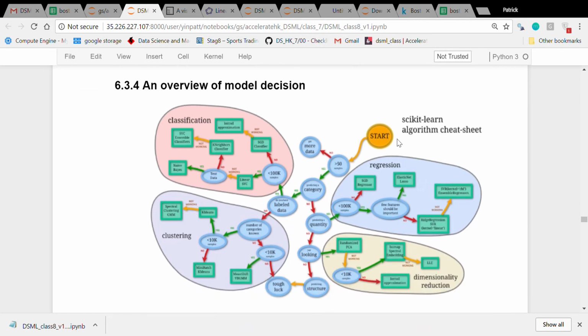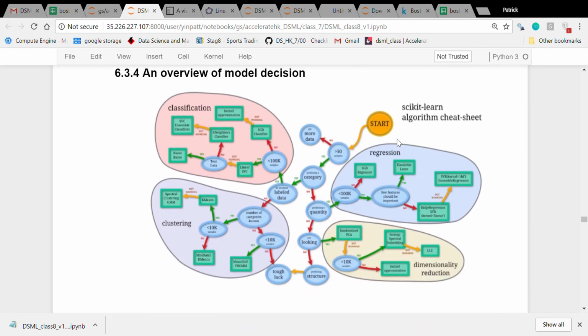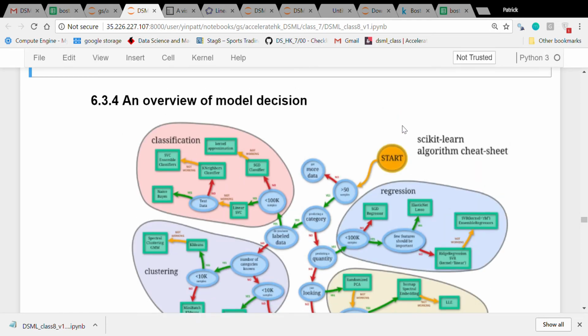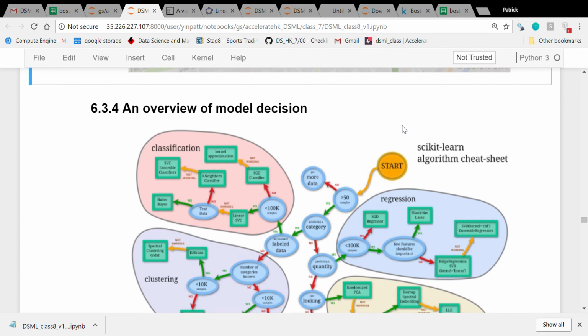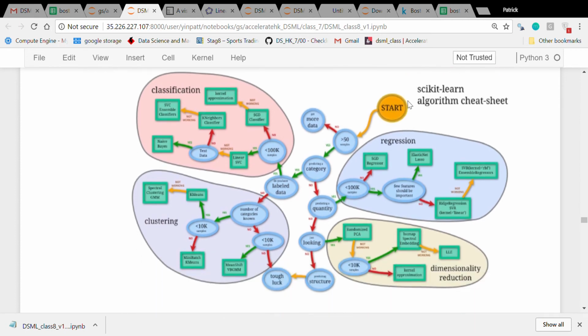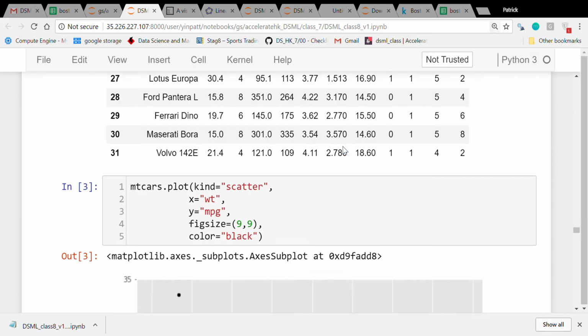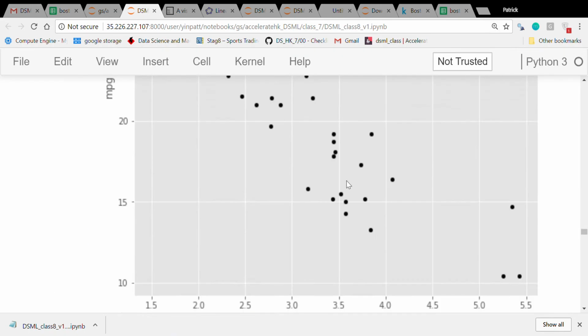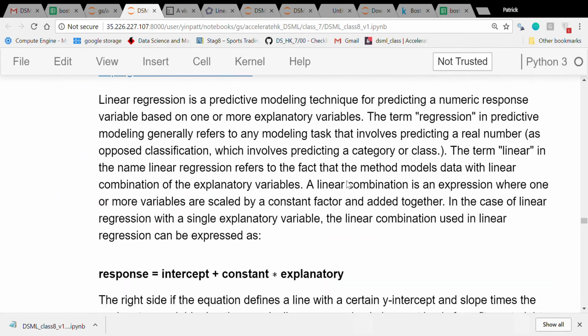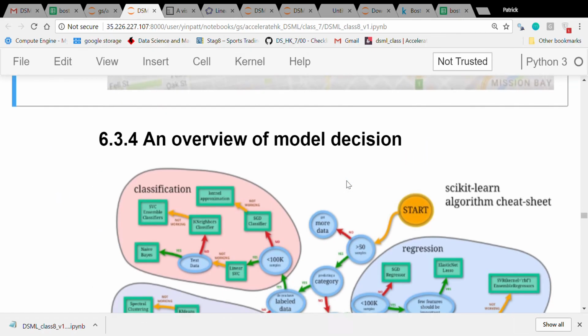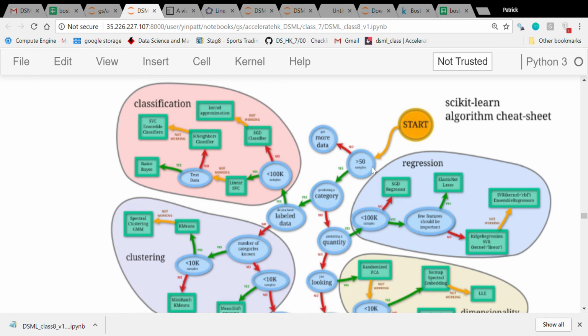Alright, so we went through a lot of algorithms today. So this is just a map to help you make a decision on which model you have to choose. You start from sklearn, and you have a lot of splits.